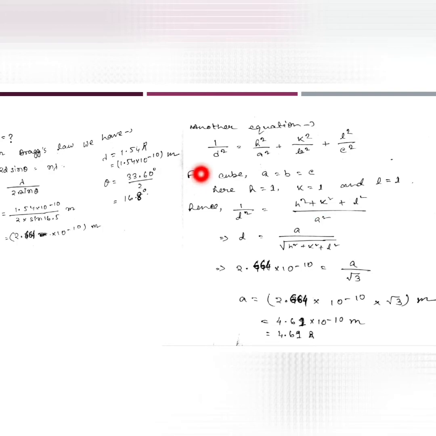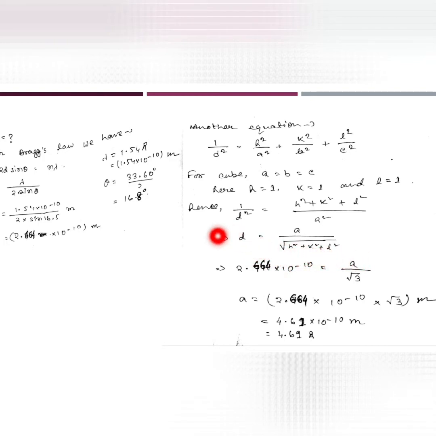We are calculating the value of a, so from this equation, putting a is equal to b is equal to c, you get 1 by d square is equal to h square plus k square plus l square by a square, or d is equal to a by root over of h square plus k square plus l square, or a is equal to d into root over of h square plus k square plus l square.